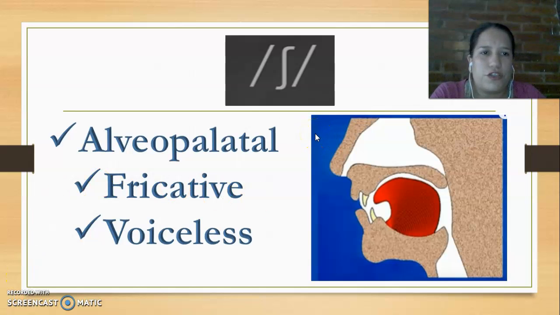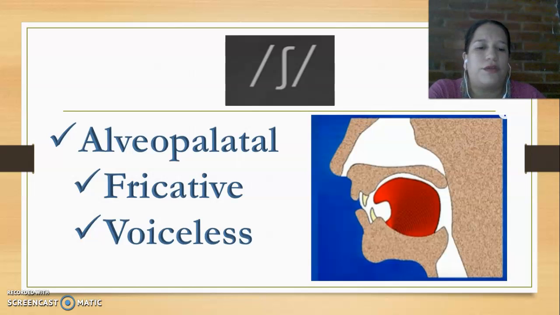The sound sh is an alveolar sound, that is to say that the tip of the tongue is behind the alveolus, the tongue approaches the palatal, and this is how the sound is articulated. This is a fricative sound, that is to say that the air is partially blocked.